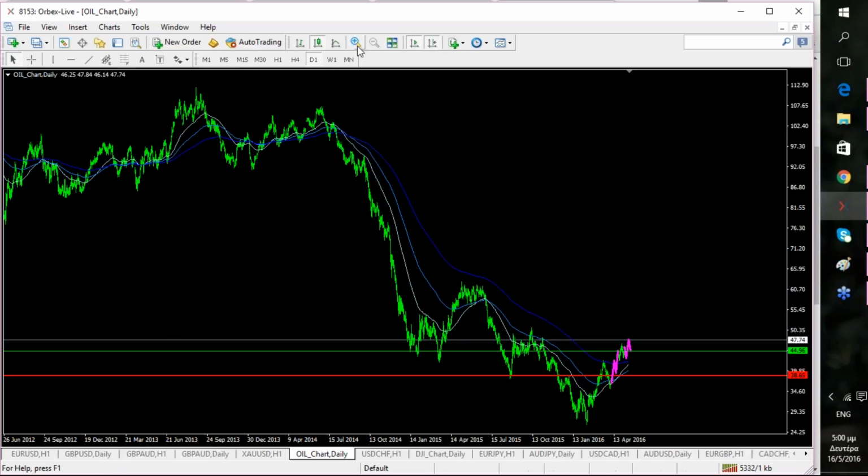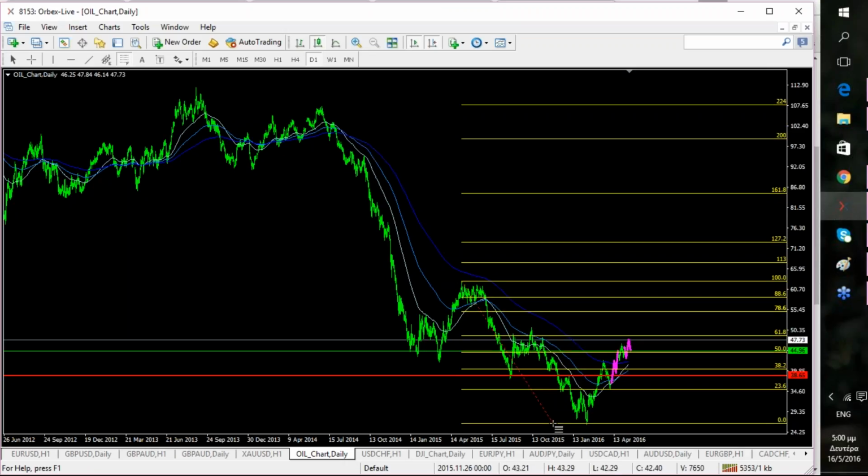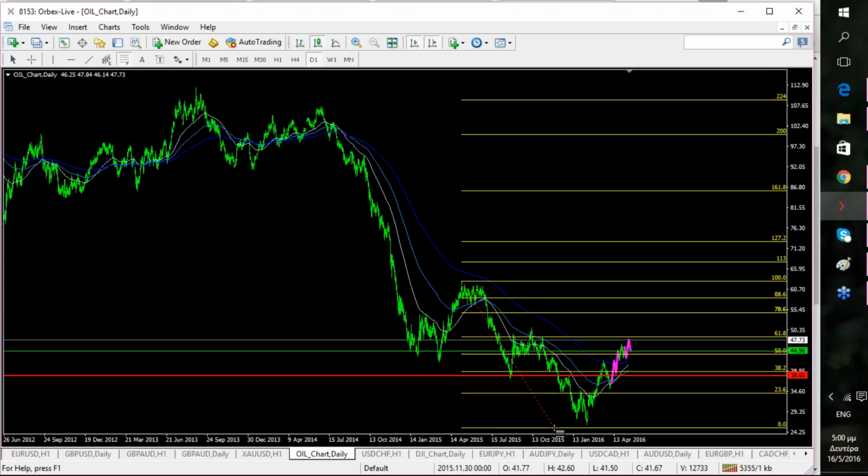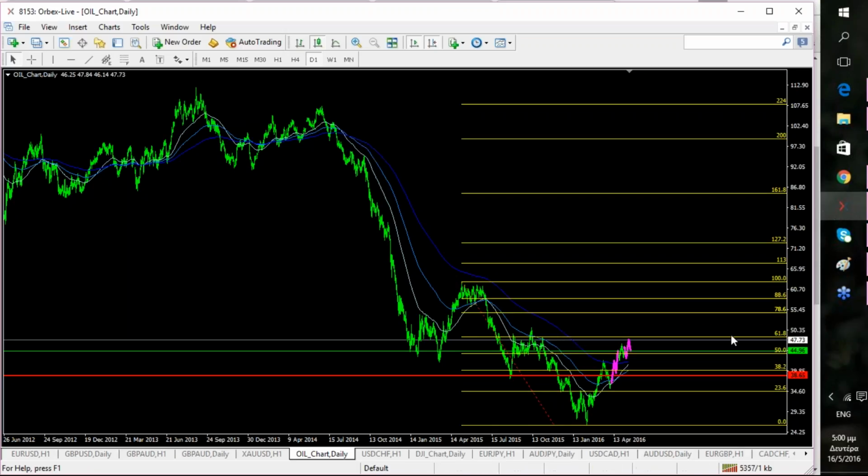Now on the daily chart for the oil, you might want to look at a potential Z-like pattern on a longer term as well. So when I pull this longish move downwards, if it does go upwards, I've still got the 61.8 area here as a potential for a turnaround downwards.